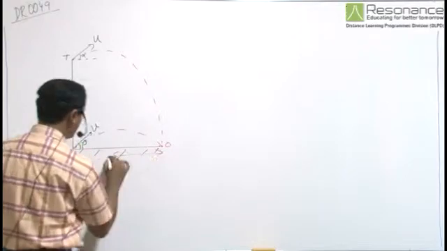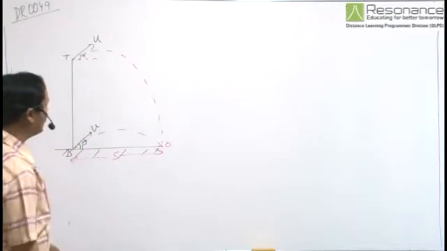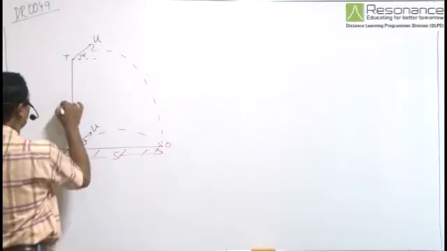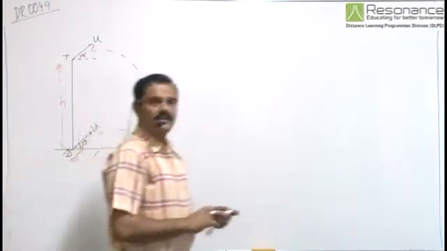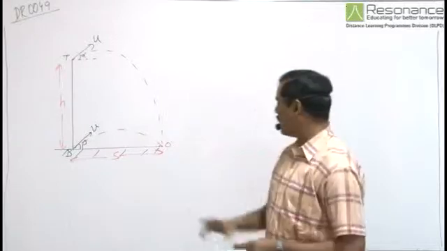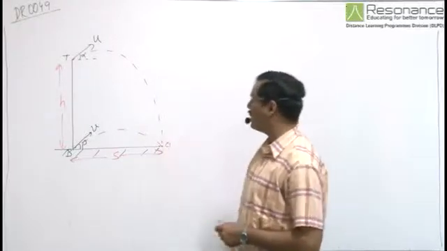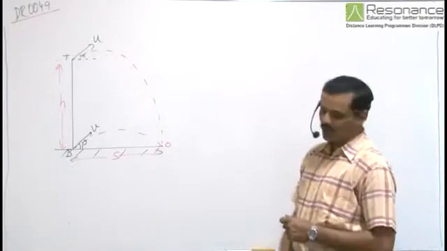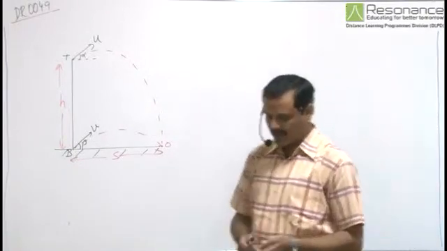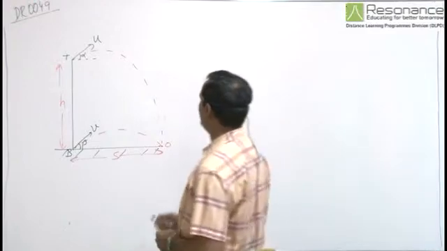at a horizontal distance s simultaneously, and let h be the height of the tower. As they are striking at the same point simultaneously, their time of flight as well as their horizontal range are both equal.